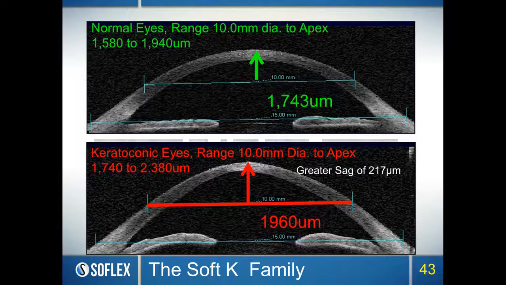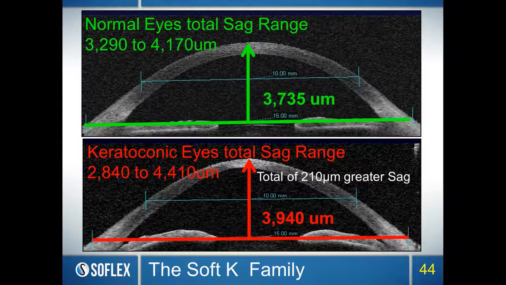But if we measure from 10 mm to the top in both eyes, we can see that there is about 200 microns difference between those two eyes. And of course, the total is about the same. We can see here that the total difference is 200 micron in both eyes.